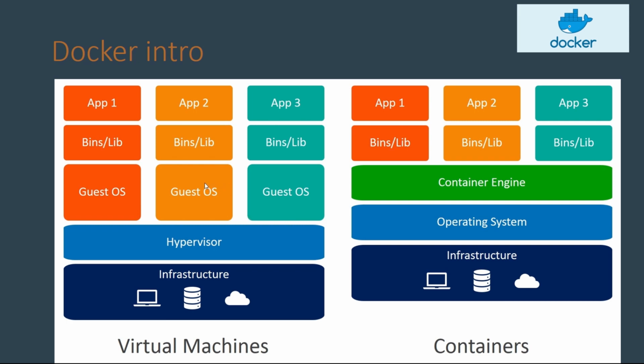The main benefit of Docker is that it allows users to package an application with all of its dependencies into a standardized unit for software development. With Docker, your development environment will be exactly the same as your production environment and exactly the same as everyone else's development environment.